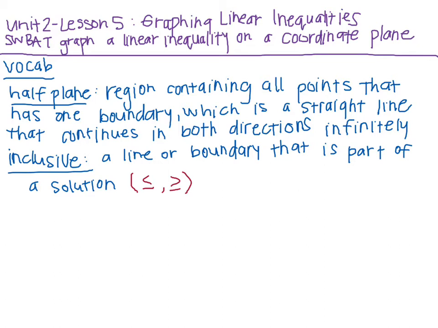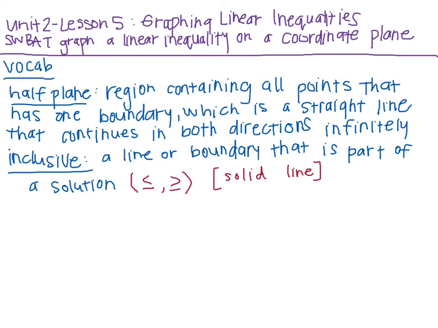So we would use a solid line to graph this. So the values could be any number smaller than it or any number bigger than it, but it could also include that number because of the equal to line. So solid line tells us it can include the line, the boundary line itself.